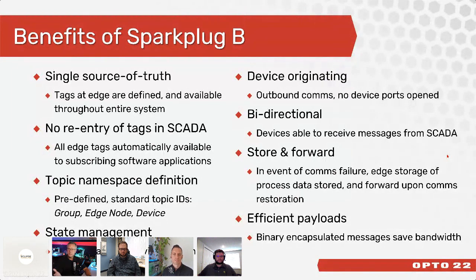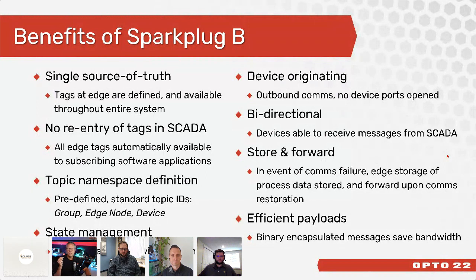MQTT and device-originating connections become a very important element of that. The Sparkplug spec also defines a binary encapsulation with Google protobufs that dramatically limited how much bandwidth they were using over their cellular network. This became a big cost factor, but also a factor in terms of bandwidth utilization.